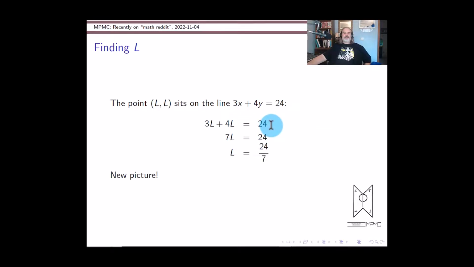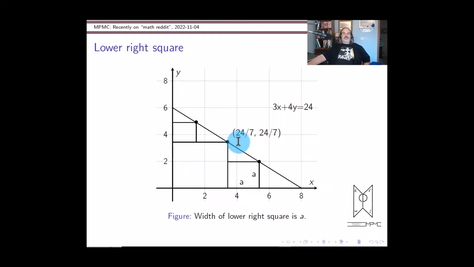And so without too much sweat and tears, we can solve for L. It is 24/7. And so now we know that this vertex on the big square is at the point 24/7, comma 24/7. Now, with that as a foothold, now we can go tackle either one of these squares, and I've chosen the lower right square to begin with.